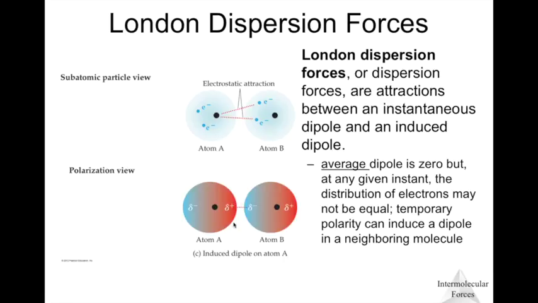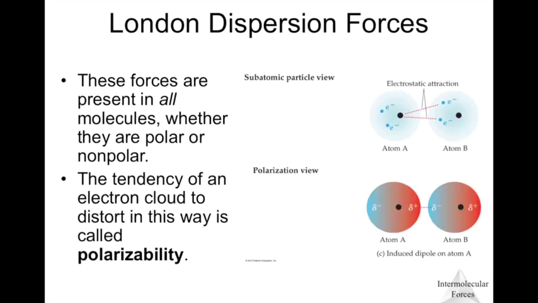So the average dipole, this is not a polar molecule, so on average it's 0, but at a given instant there could be an unequal distribution of electrons, so you get a temporary dipole, and then that can induce and create an attraction to a dipole next to it.